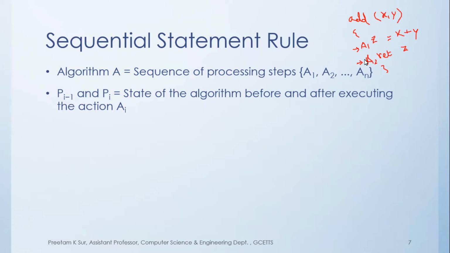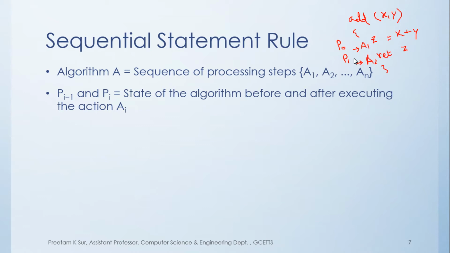So for this algorithm, we will have a state p0, which is the state of the algorithm before executing a1, okay, and then we will have the state p1, which is the state of the algorithm after executing the statement a1.